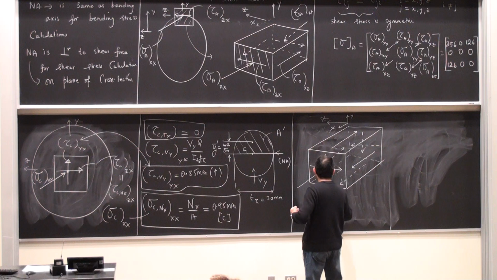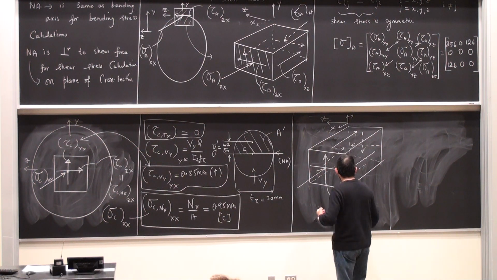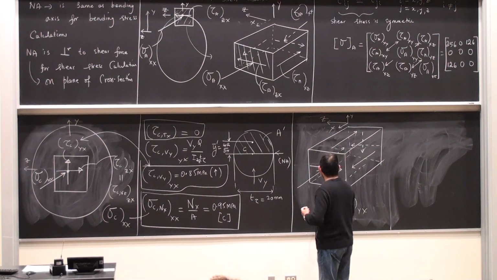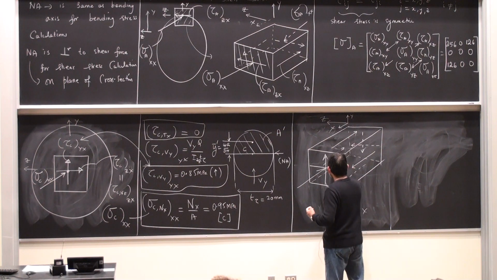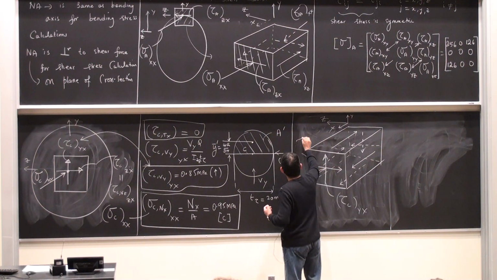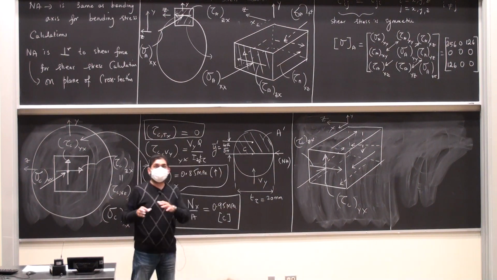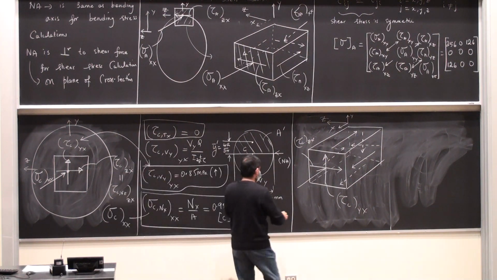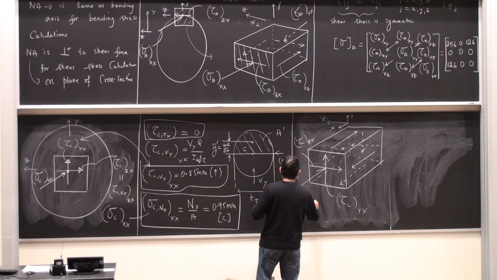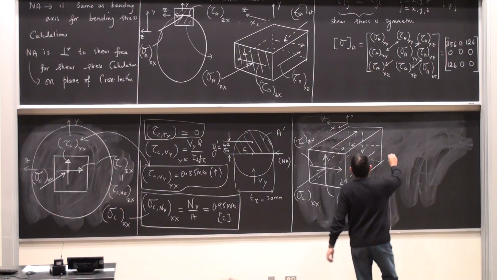So this is going to be tau C yx, and this is tau C zx, so that's my second shear stress. Then I have my sigma C xx on the back face, one more.